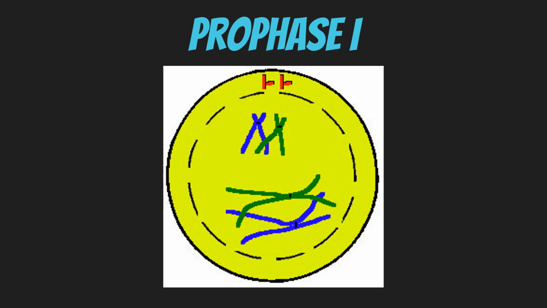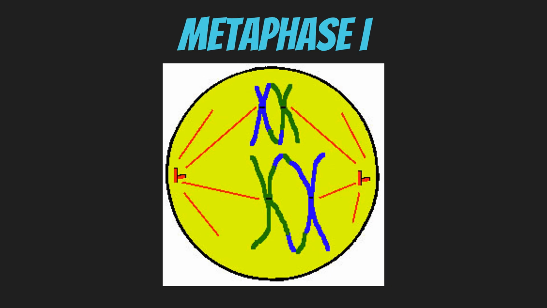Meiosis 1 starts with prophase 1. In this phase, homologous chromosomes pair together in the nucleus. In metaphase 1, there is no nucleus, and the homologous chromosomes line up next to each other at the equator of the cell.